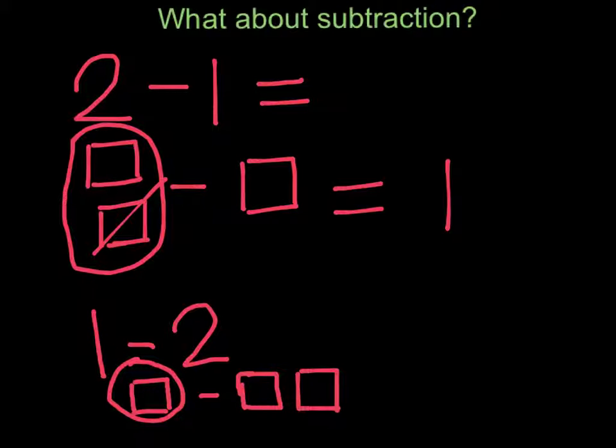I don't have 2 squares. So we cannot get the same answer with that problem. These two are not the same. So our commutative property of addition only applies to addition, not subtraction. You can only change the order when we are adding two numbers.